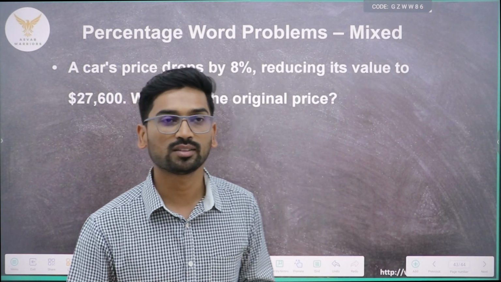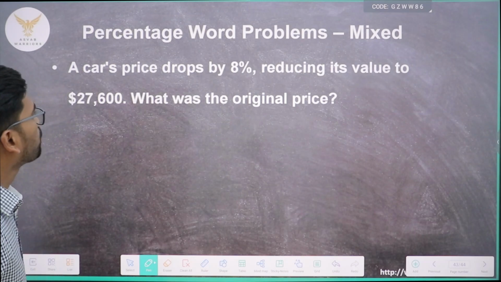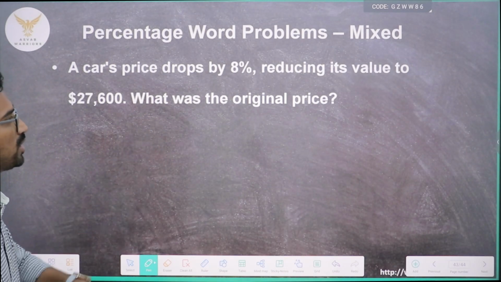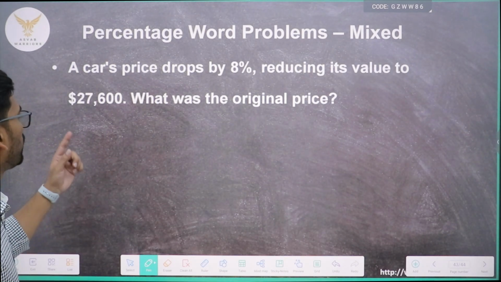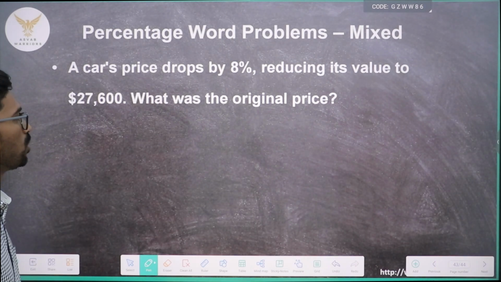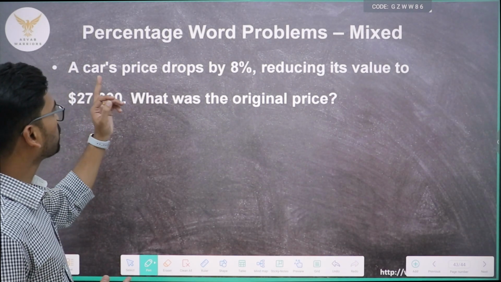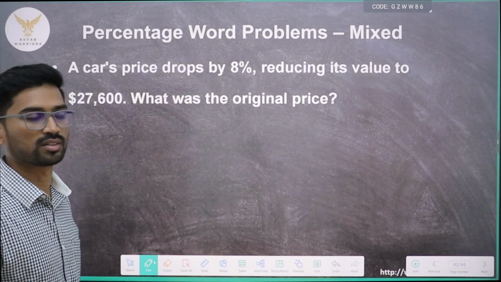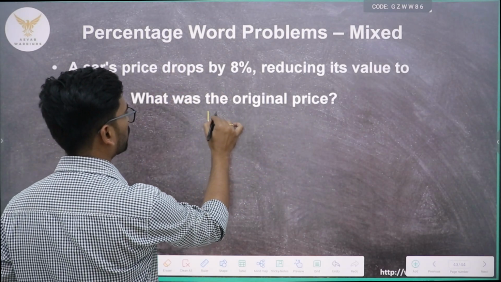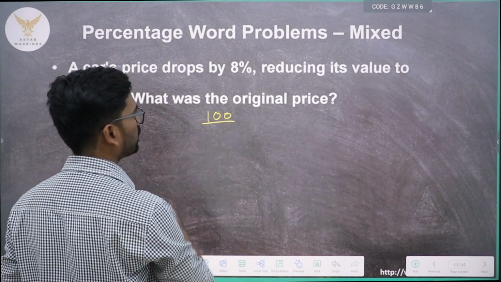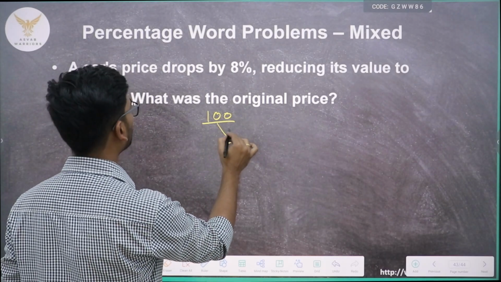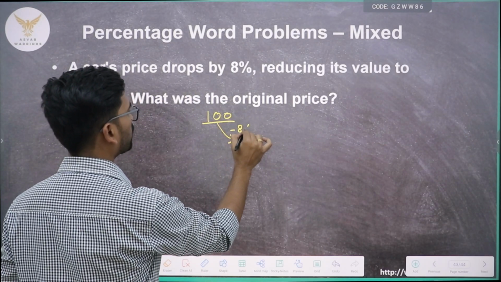The next question is, a car's price drops by 8%, reducing its value to $27,600. What was the original price? The car's price drops by 8%. Let us assume the car's price was 100% and it drops by 8%.